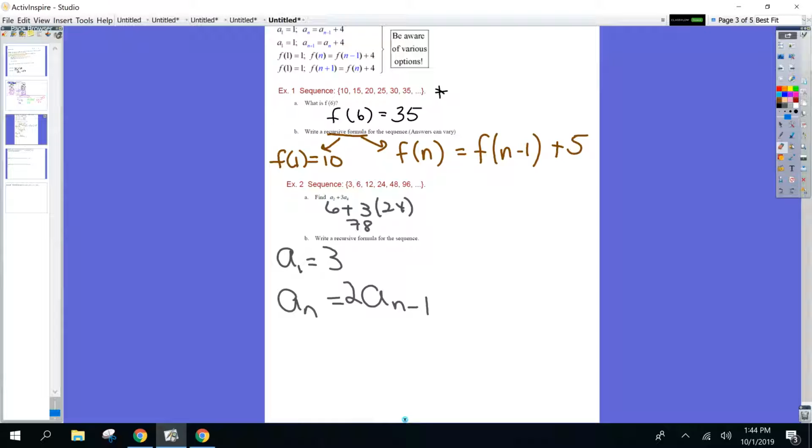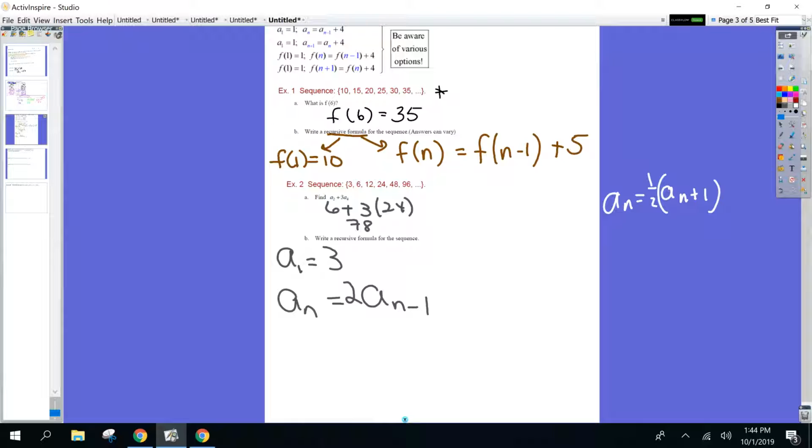AN equals the term in front, n plus 1. Could I do that? Sure. But I think it's just going to be easier for you always to look at the term before and say, what am I doing? Because I think that's how the mind works. I think that's how you establish a pattern left to right, correct? Instead of right to left, so that's why I'm suggesting the previous term.